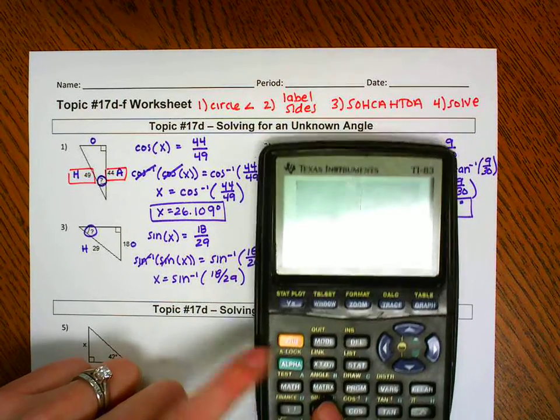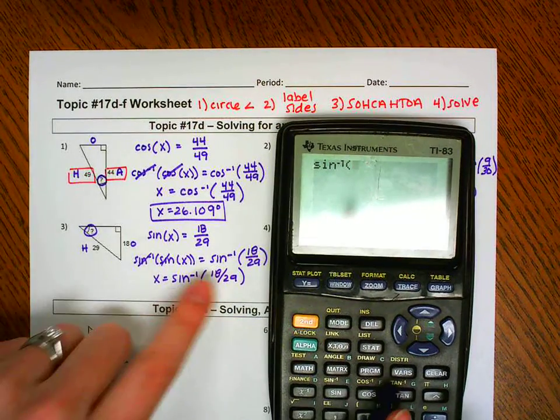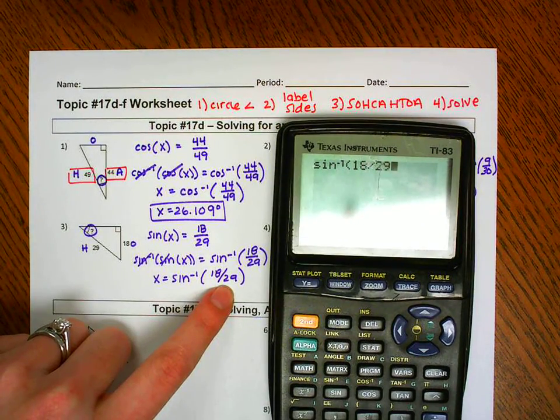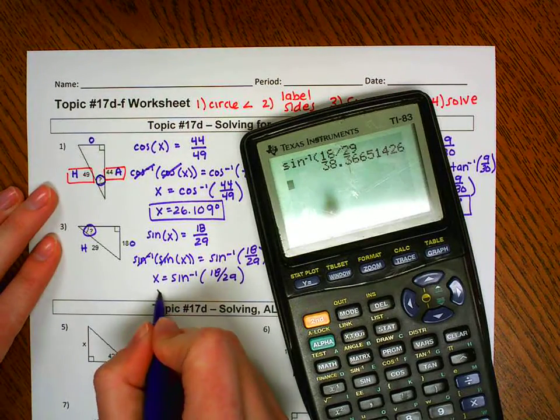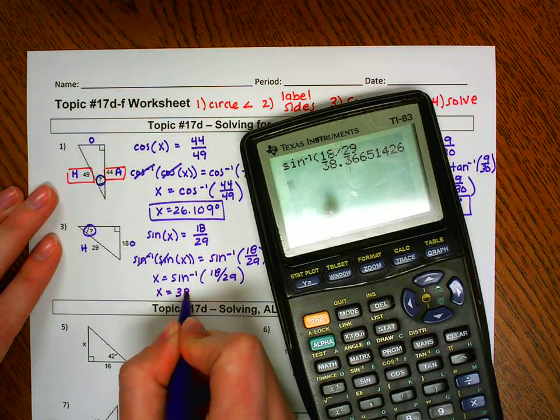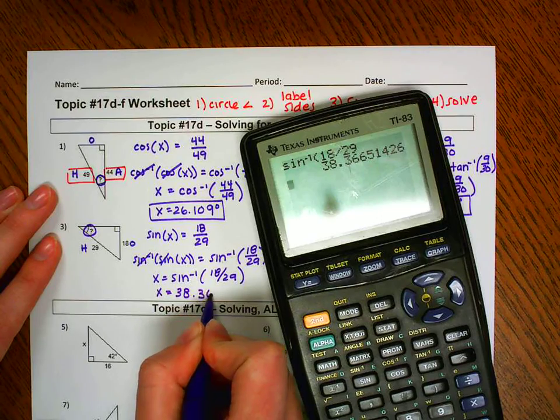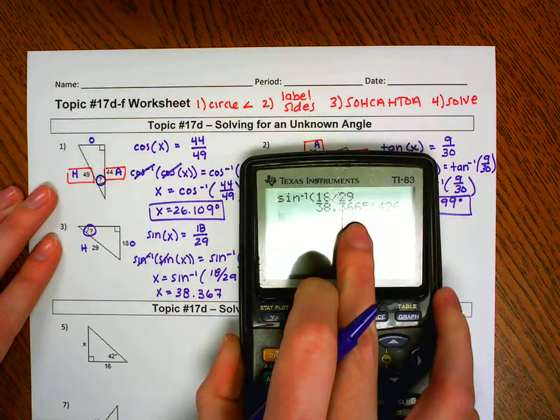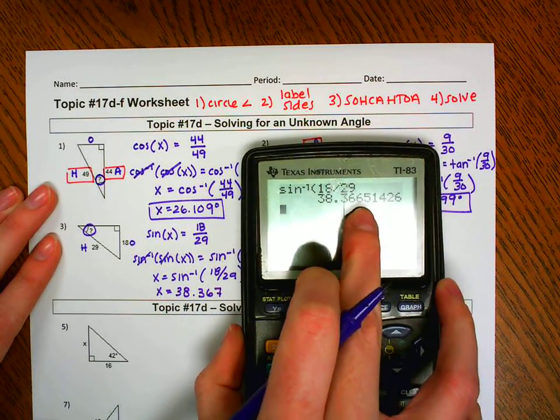Second sine. 18 over 29. Okay, that 366 is going to round up because that's a 5, so it's going to become a 7.